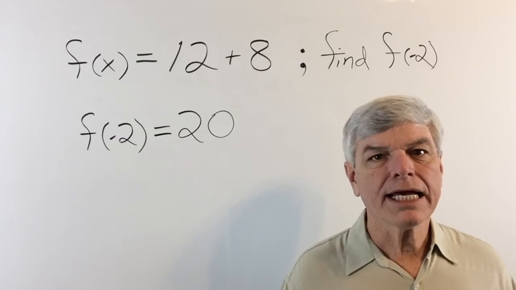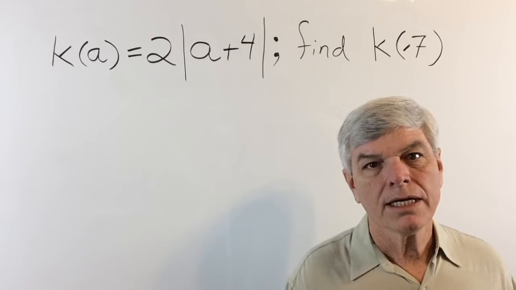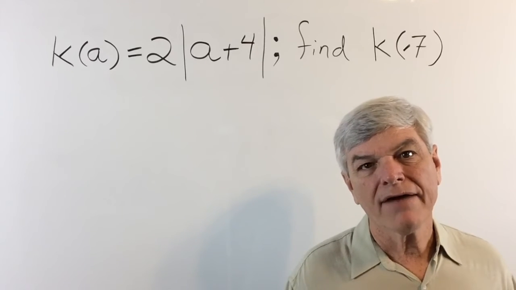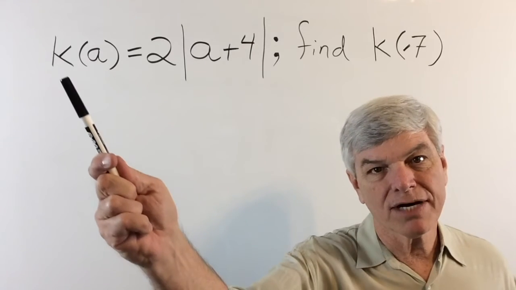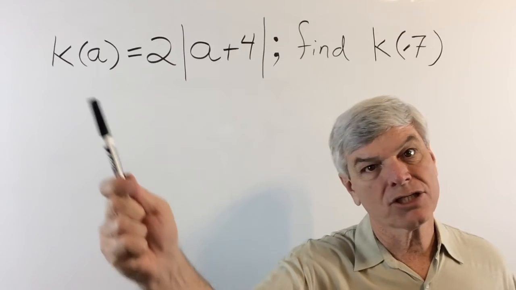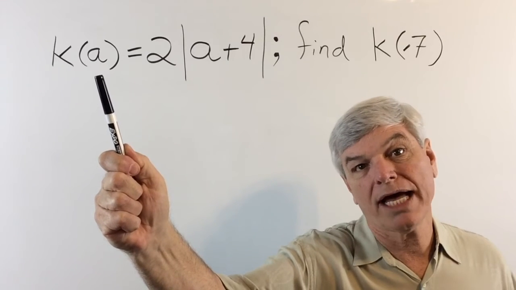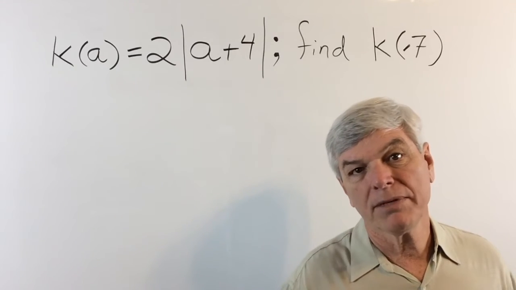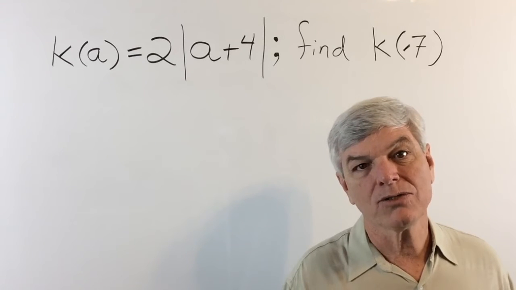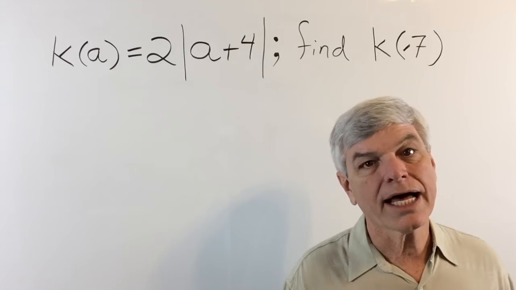Now let's try that again with the absolute value. And like I told you, f is not always going to be the function of x. In this case, the function is k, and it's not even x. We have a different variable. But you're familiar with that. We don't need to use x all the time, and we can use any variable we like.